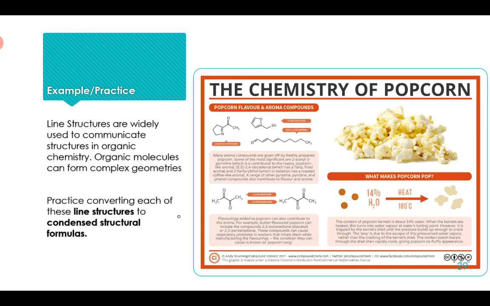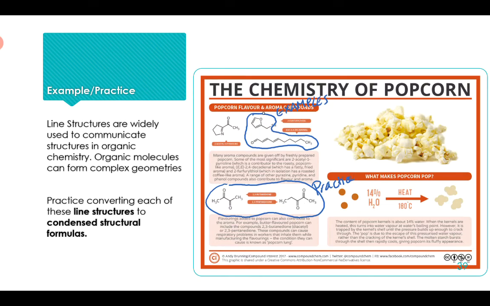So let's practice converting these line structures into condensed structural formulas. I will do these two molecules as an example, and you will do these ones as practice.